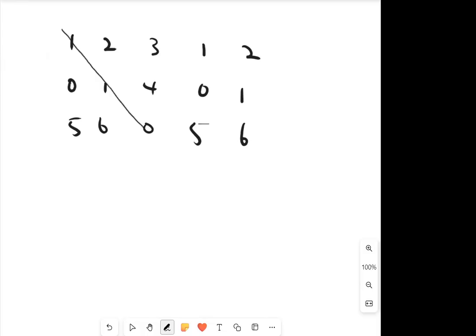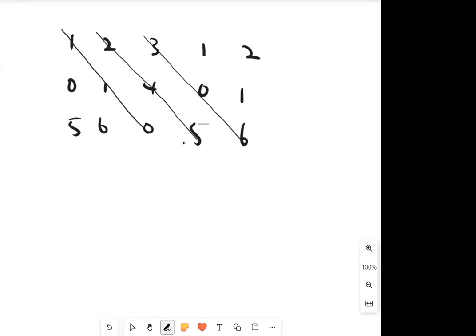You've got a matrix 1, 2, 3, 0, 1, 4, 5, 6, 0. Take the first and second row and write them back in: 1, 0, 5, 2, 1, 6, right? I'm trying to remember what you do. Take these 3, multiply them, take these 3, multiply them, and add them up.